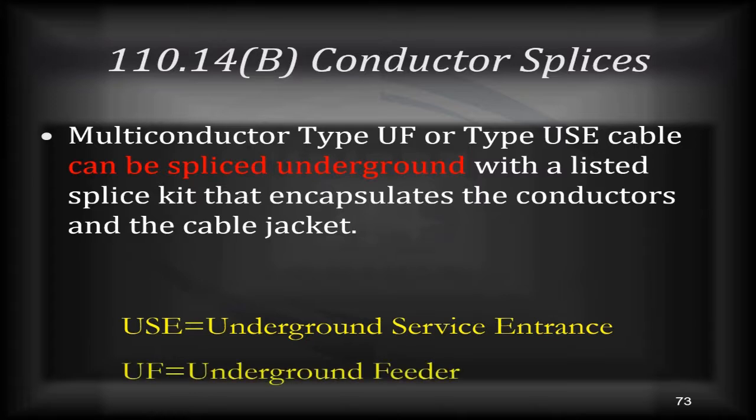There's a common misconception that you can't splice underground conductors, and that's not necessarily true, as long as you keep in mind one of the basic rules, which says you have to have the same insulative value as you had before the splice was ever made.